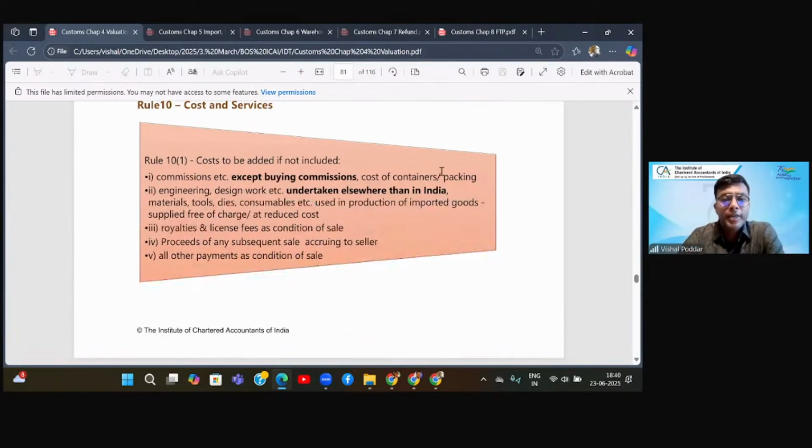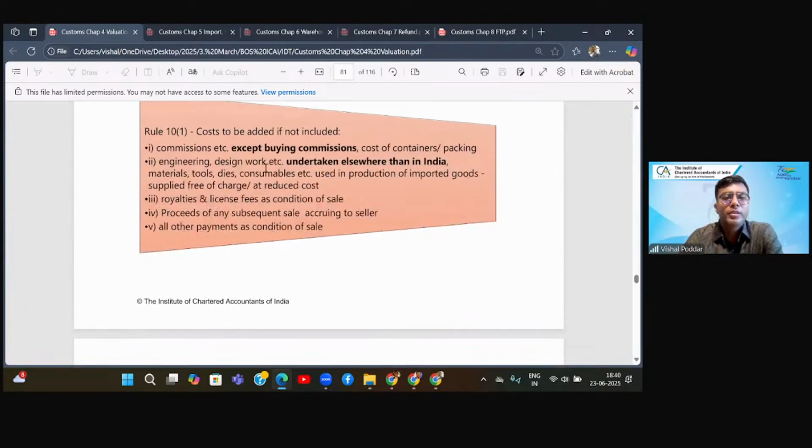Next, what is to be added? Cost of containers and packing. What else is to be added? Engineering and design work undertaken elsewhere than in India. So if the foreign supplier, let us say this Russian supplier, has got your goods engineering done from Japan or from Germany and has incurred some cost, that has to be included. Then next, materials, tools, dyes consumed or used in the production of imported goods, supplied free of charge.